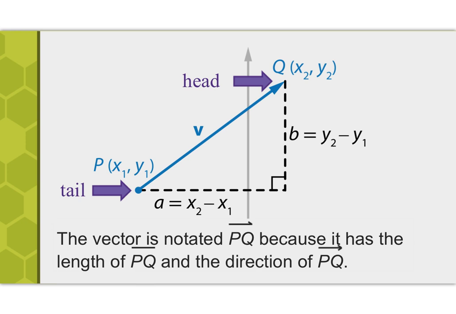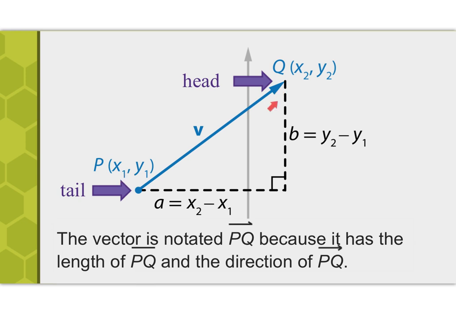Because it has direction, order matters. It does not matter with a line segment how you list the points, right? Because from P to Q and Q to P for a line segment is the same thing. For a ray, it matters because you have a starting and a continuation point. For vectors, it also matters because you have a starting point, which is called the tail, and an ending, which is called the head.